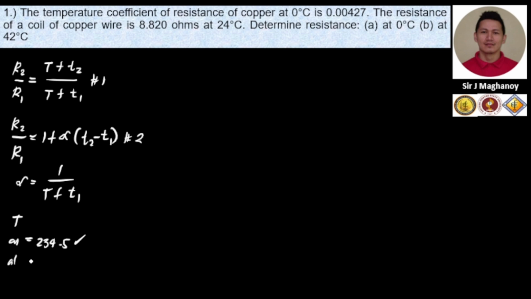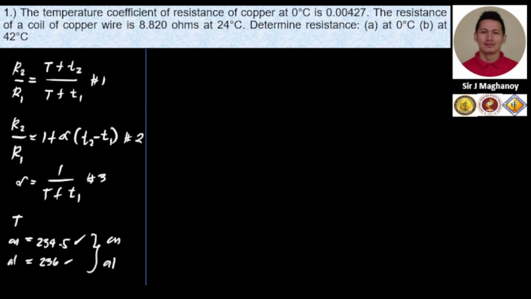And for your aluminum, that is 236. So don't forget this constant. Okay, so we have 3 formulas for our resistance related to temperature, and 2 constants for copper and for aluminum. Moving on with your problem.